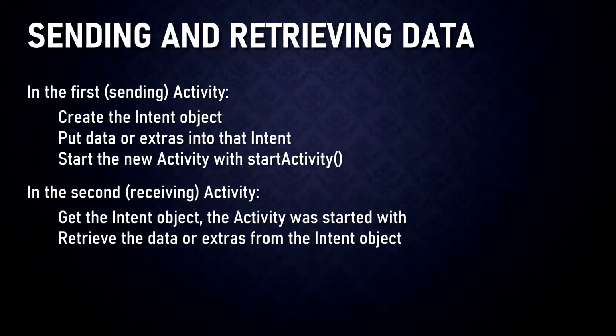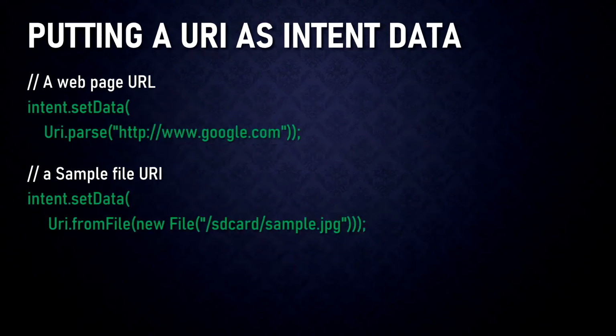We'll get into this later. This is the way to pass data using setData, where you parse the string data. Also, if you want to pass a file URI, you use setData with Uri.fromFile and specify the location where the file is found. So you can pass the file location with the file name, and the second activity will access this data.